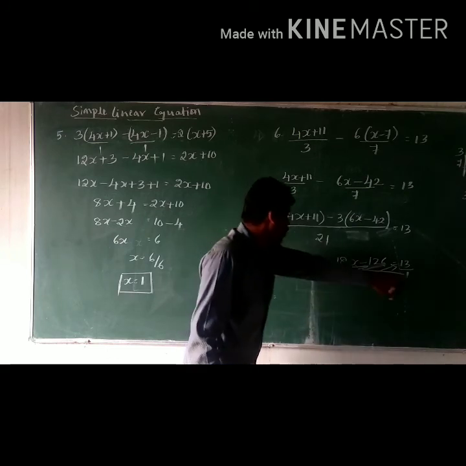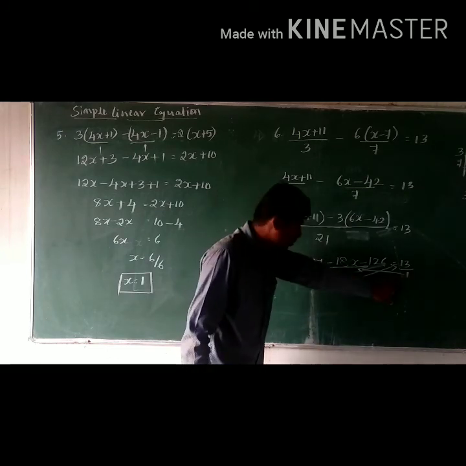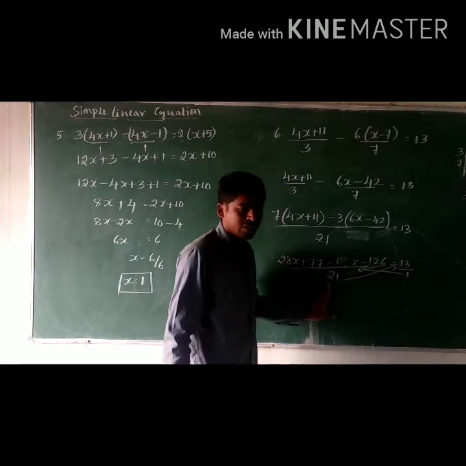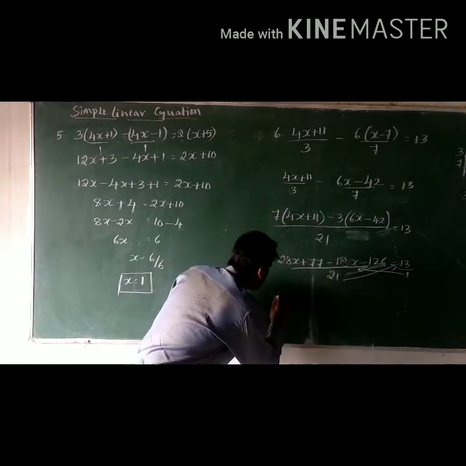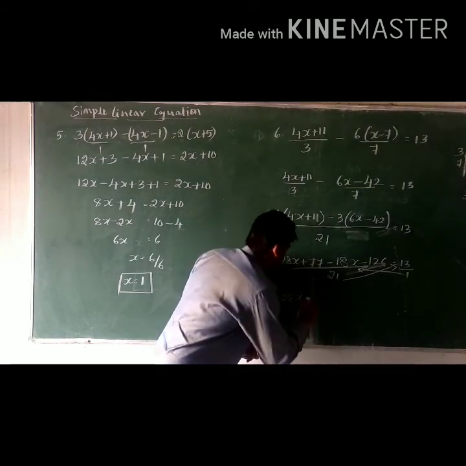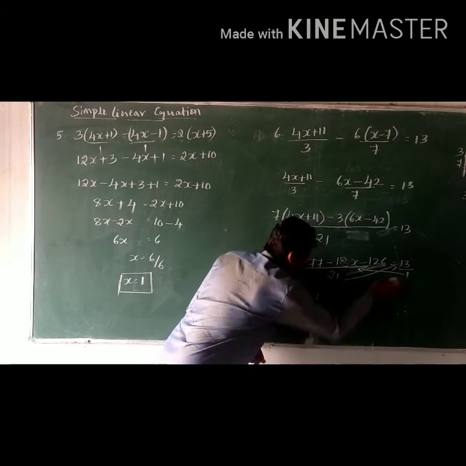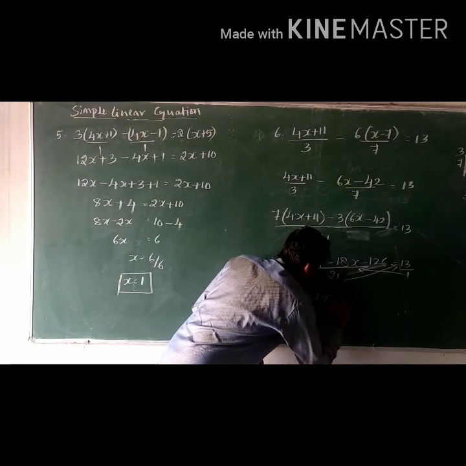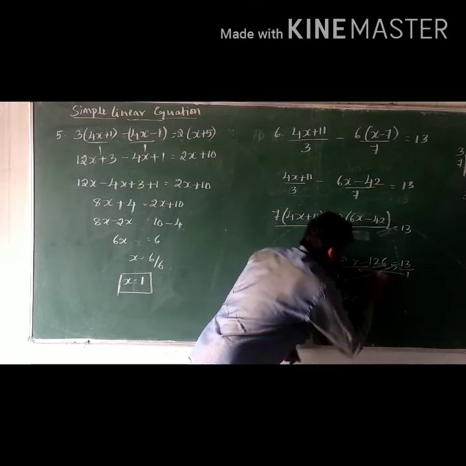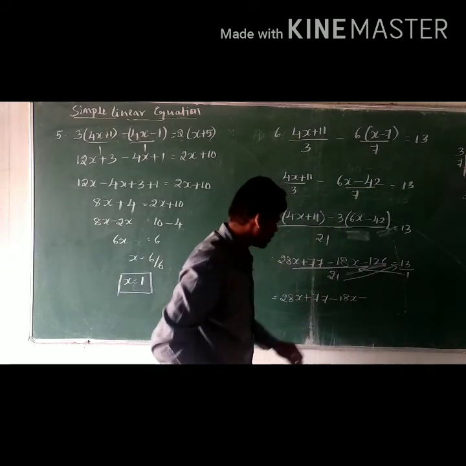Now do it again. This 1 we are going to multiply with the total equation. This 13 we are going to multiply with this 21. Now write 28 into x, 28x, plus 77 into 1, we get 77, minus 18 into 1, 18x only, minus 126.